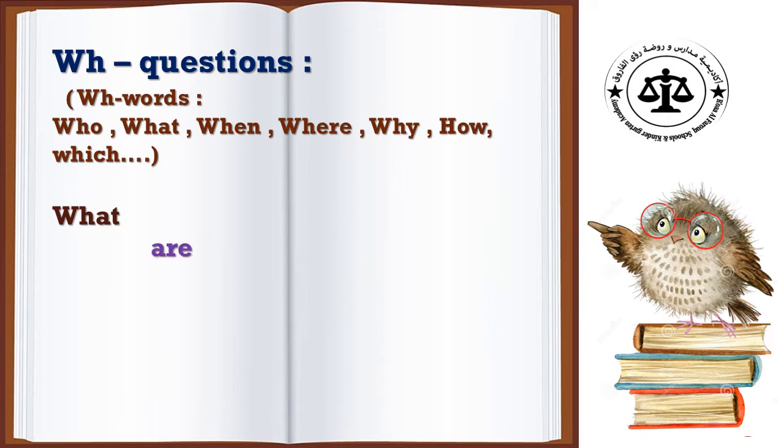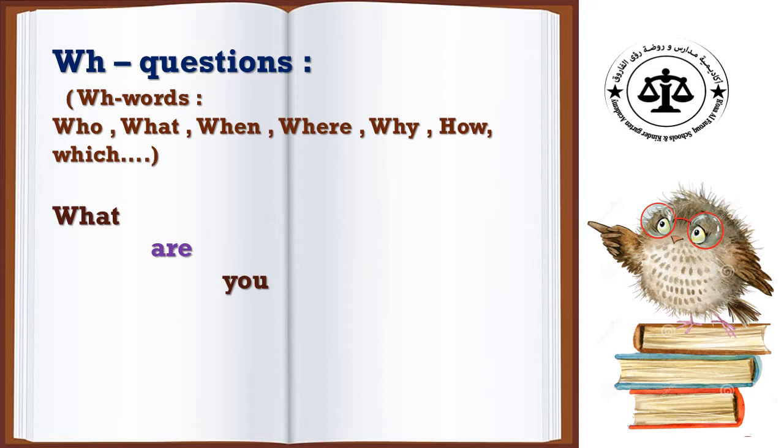Here we have are. What are? Guess. What do we have to put after are? Excellent. Plural noun or pronoun. And here we have you. You is a plural pronoun, so we have to put are before the pronoun.